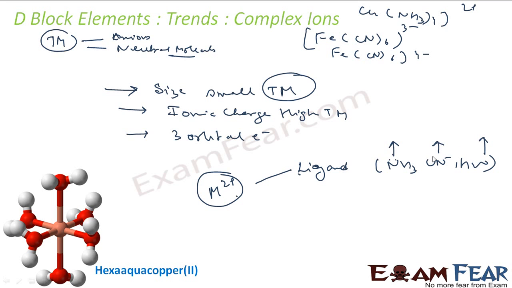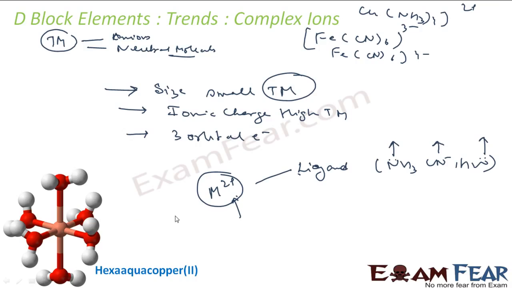If you draw the shape, you'll see they have unshared electron pairs. So metal ions with positive charge interact with ligands, which bind together and form complex ions.